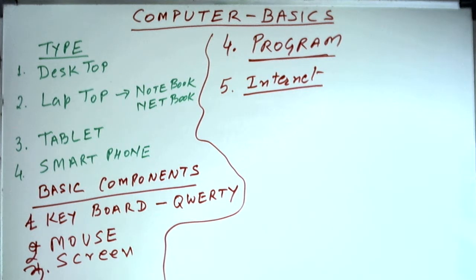A 24-hour connection, always available without any additional charge, is available for about 600 rupees per month. So these are the 5 basic components which you need to learn. Otherwise, you will be lost.